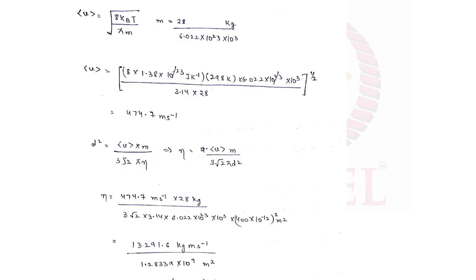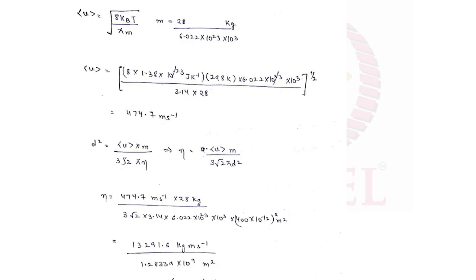Now from the average velocity you can also calculate the d square, because the d square formula is already previously given. So from there you can get the value of your eta. Eta is 474.7 meter per second into 28 kg by 3 root 2 into 3.14 into 6.022 into 10 to the power 23 into 10 to the power 3.